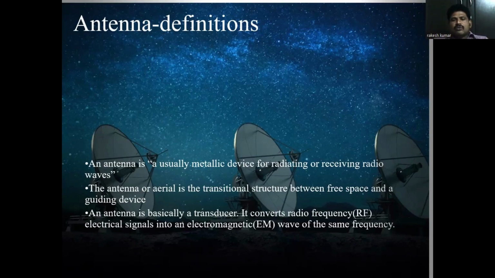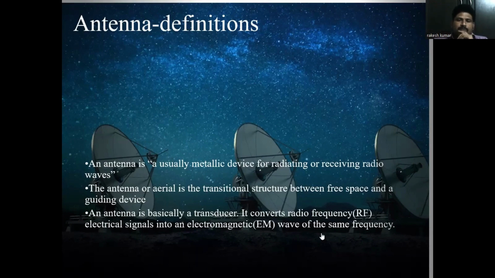As we know, the definition of a transducer, which converts one form of energy to another form of energy, is nothing but a transducer. So the other definition is that an antenna can be used as a transducer, which converts electromagnetic wave to electrical and vice versa. So the main purpose of an antenna is that it can receive or transmit electromagnetic waves.